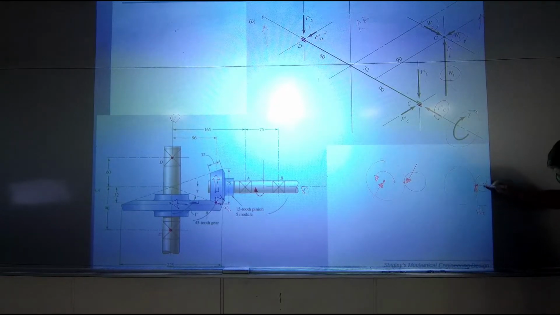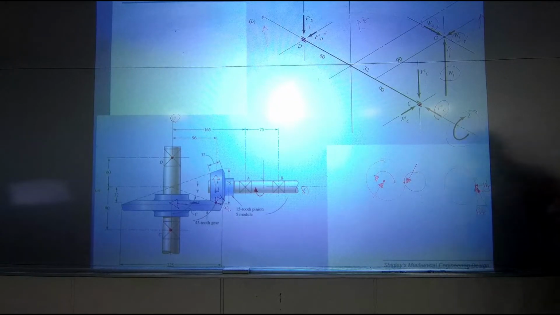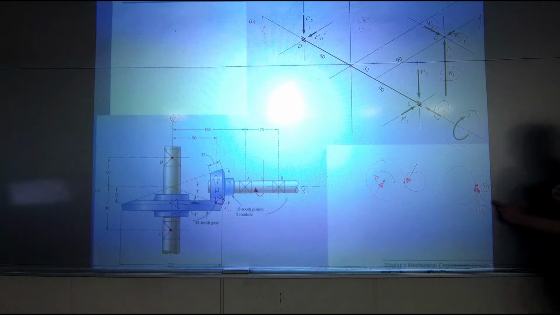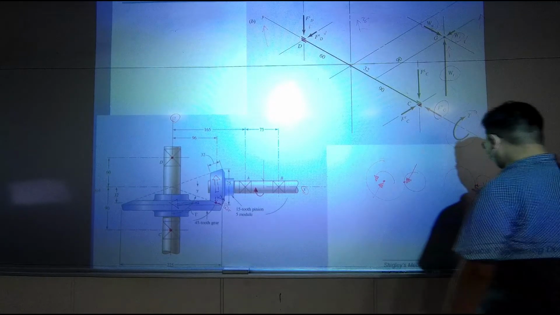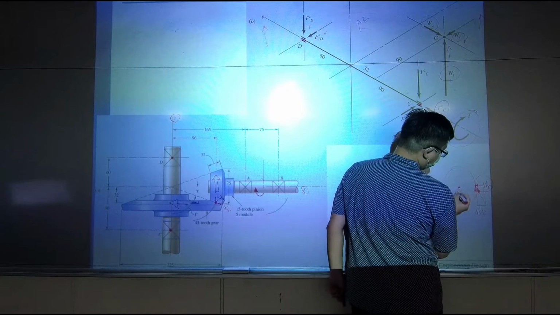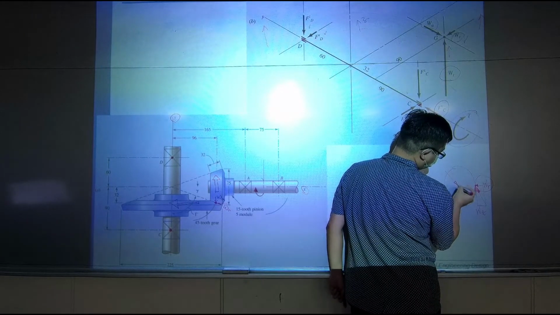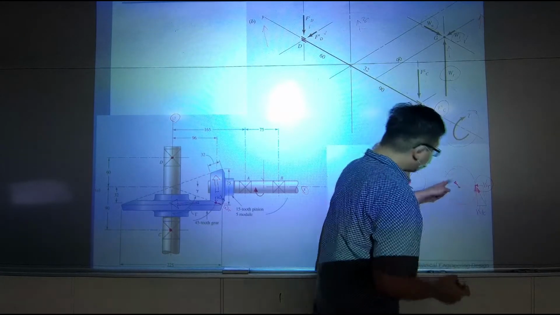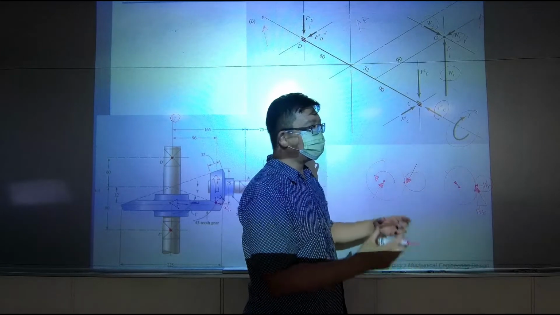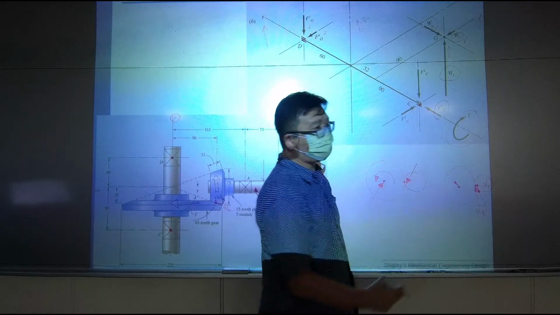So the combination of these two actually forms a pushing force along the pressure angle. So definitely at the center of the shaft, there is some kind of reaction like this. And these two form a force couple.